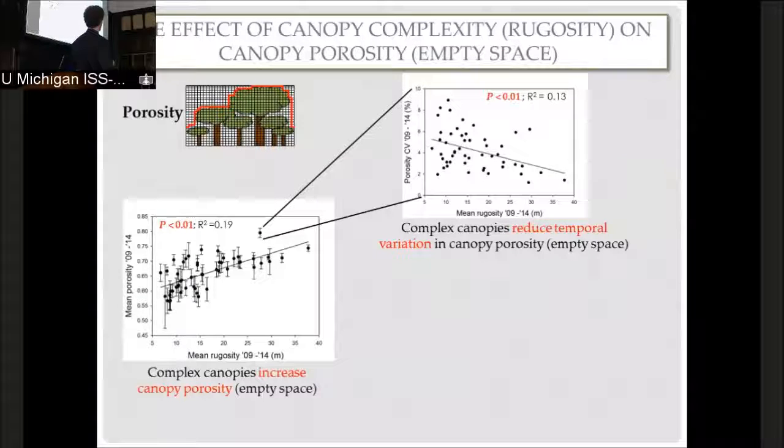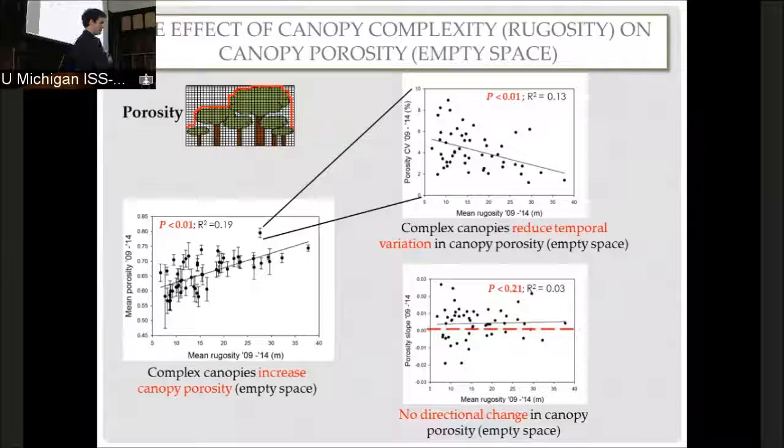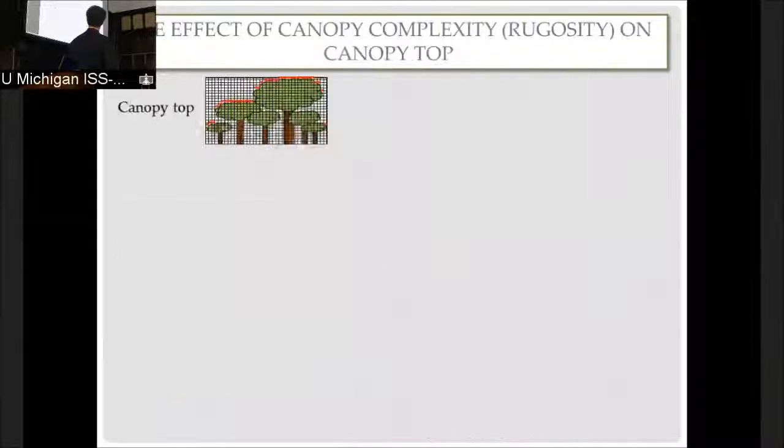It decreases as the complexity of the canopy increases. So a more complex arrangement of leaves has less variability in how much empty space is in that canopy from year to year. When we look at the slope of change, you see there's no directional change. So more complex canopies are not becoming more empty or more open over time, or less open or empty over time as a function of how complex the canopy is.